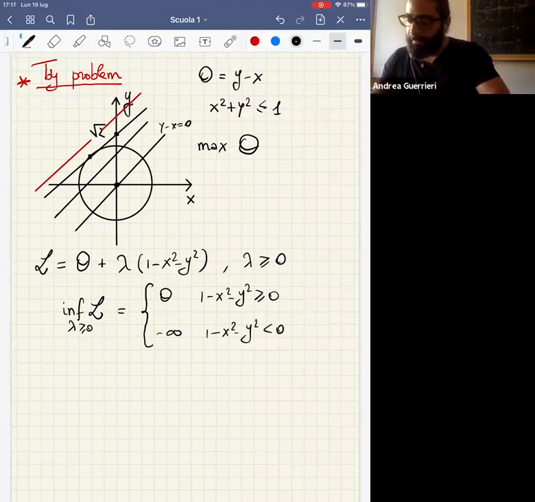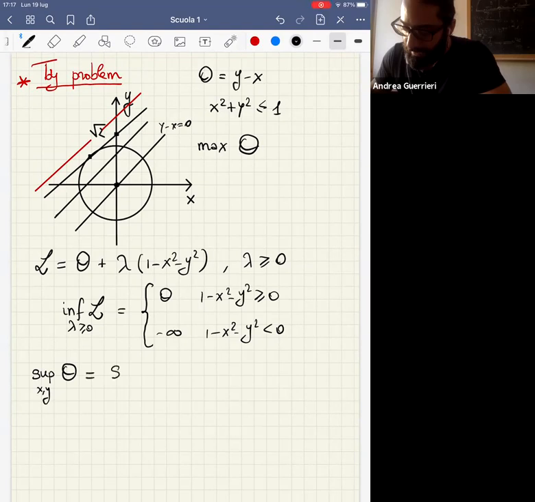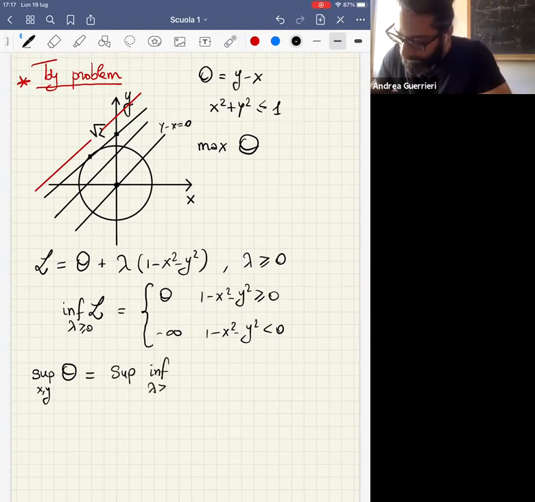So this identity is particularly interesting because now I can do the following. I can take the sup of my observable with respect to the variables x and y, and I can write it as the sup of the inf for lambda greater than 0 of the Lagrangian.